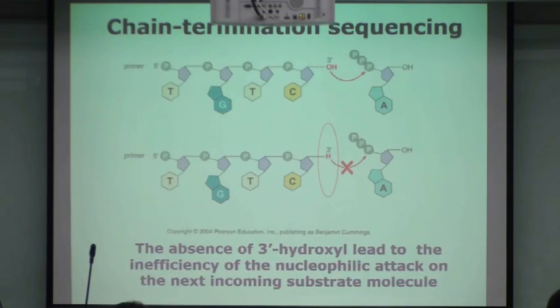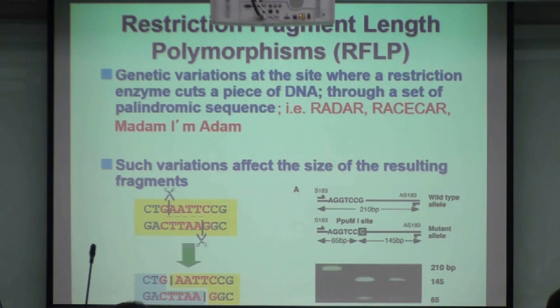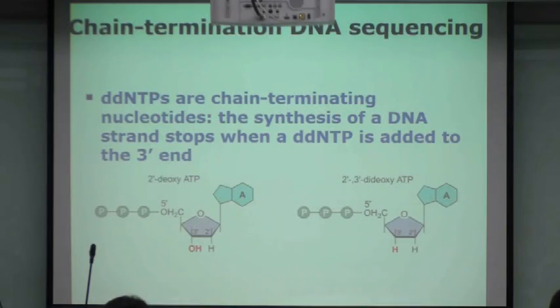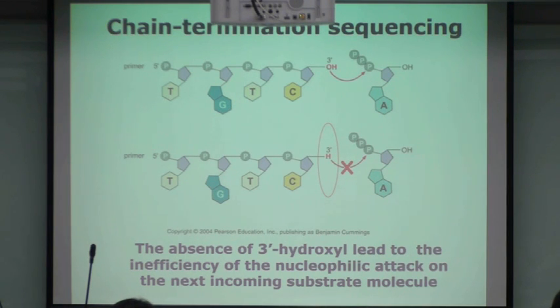PCR will give you a different size product, and you can design the primers. You can do the sequencing just to identify the base change. That could be a nonsense mutation, or it could be a missense mutation.